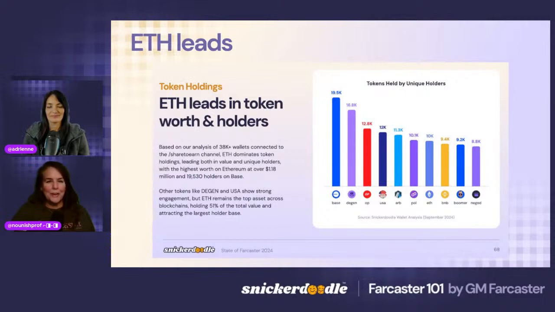Those are a couple of meme coins. But mostly what you're seeing is different varieties of ETH. You've got Base ETH, OP ETH, Mainnet ETH, Arbitrum ETH. And so the ETH community is incredibly strong on Farcaster.